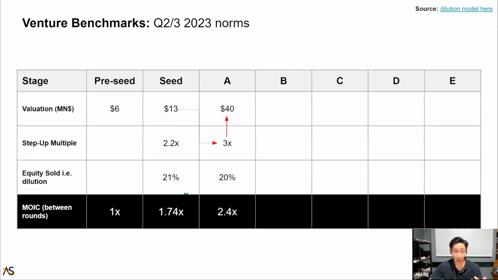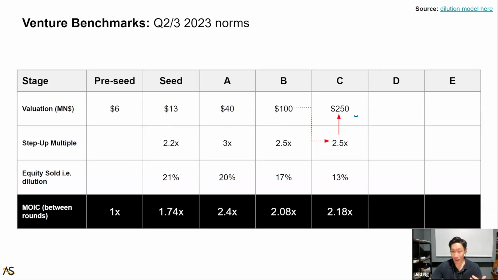At Series A, we get up to $40 million pre-money valuation, and that comes from a 3x step-up multiple. And after 20% dilution, your MOIC goes to 2.4x. Series B, we get up to 100 million valuation, and after 17% dilution, we have 2.08x MOIC.